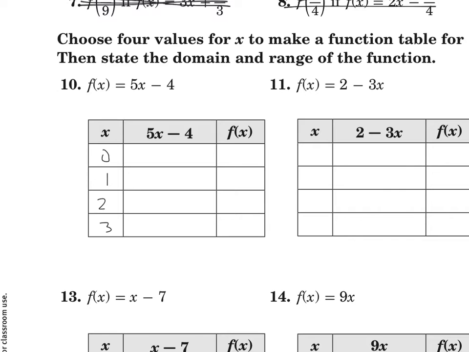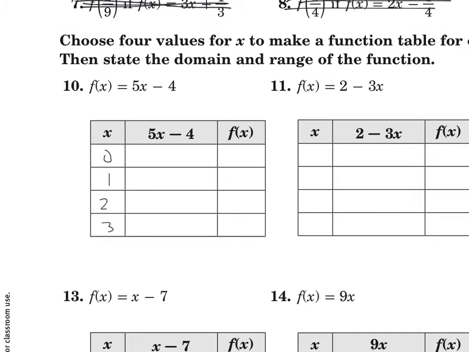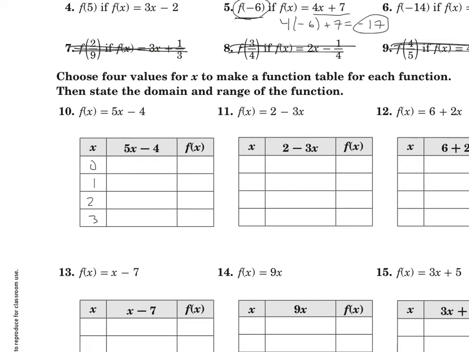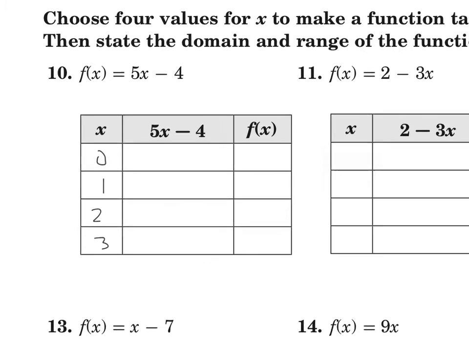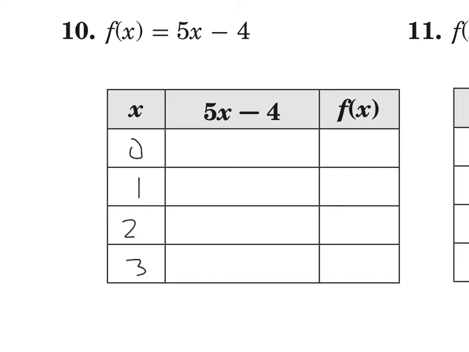And then it says to make a function table for each function. So basically what that means is to calculate where x is 0. So we're going to do 5 times 0 minus 4, which is 0 minus 4, negative 4.